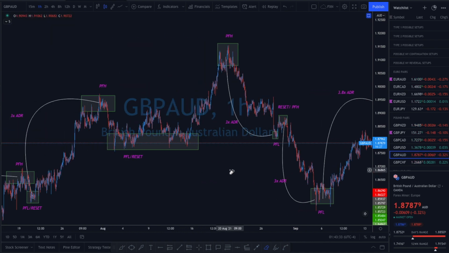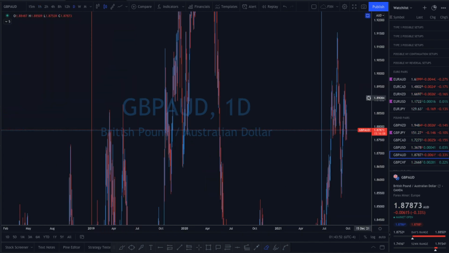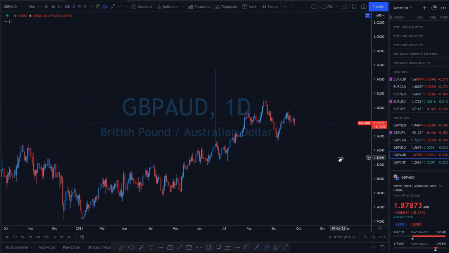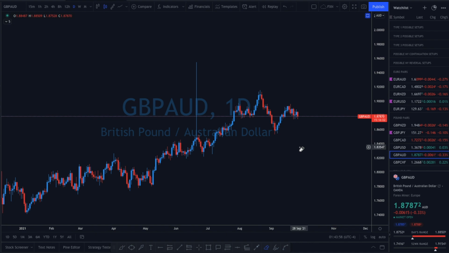So another thing that I found to be able to try and predict resets is trying to use the higher time frame structure. Meaning, if you go to the daily, the daily can tell you a lot.